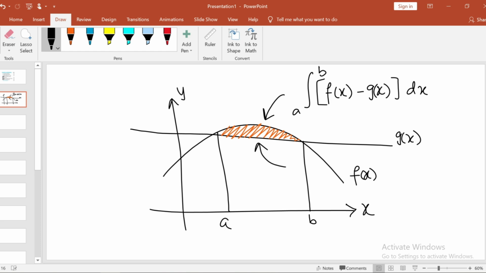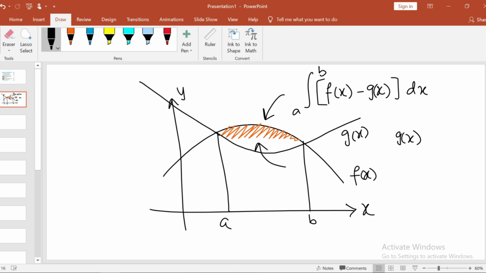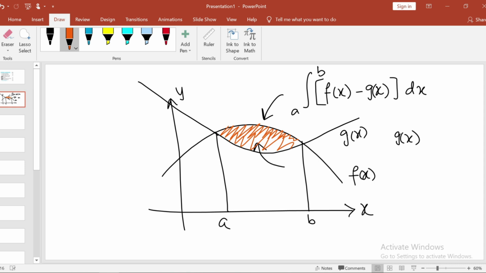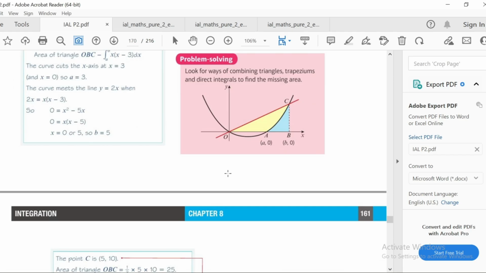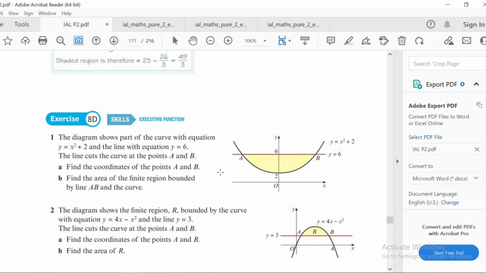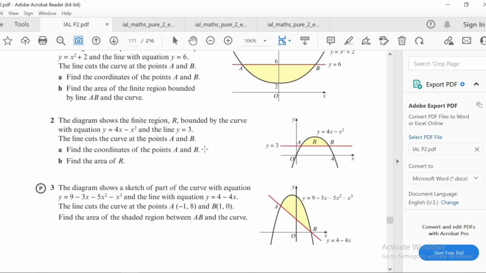To find the area between a curve and a straight line, or it can be area between two curves also, you use this rule, integral a to b f of x minus g of x, understand? Now let's solve some questions from exercise 8D.